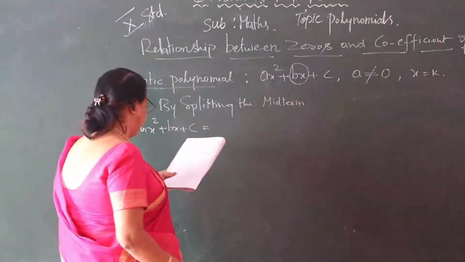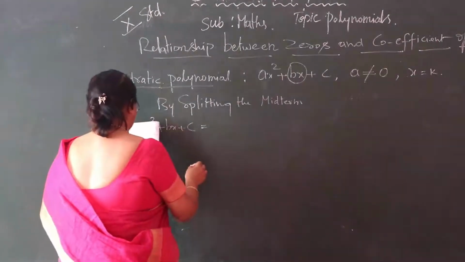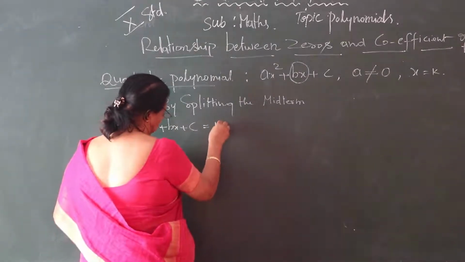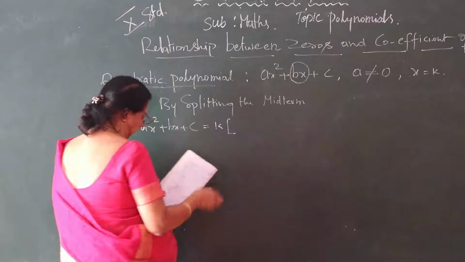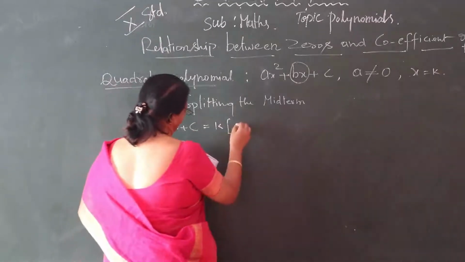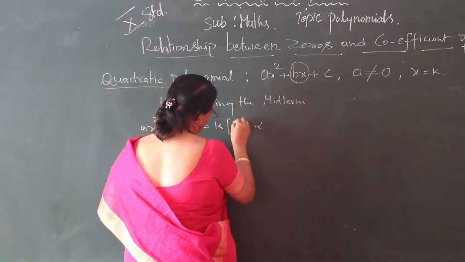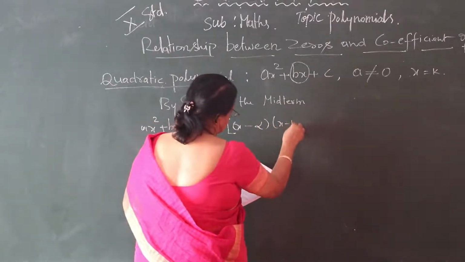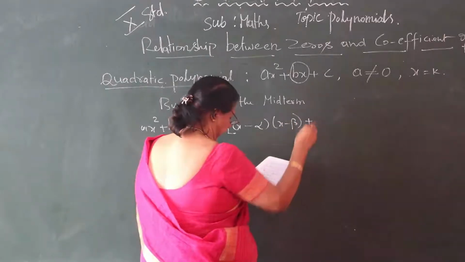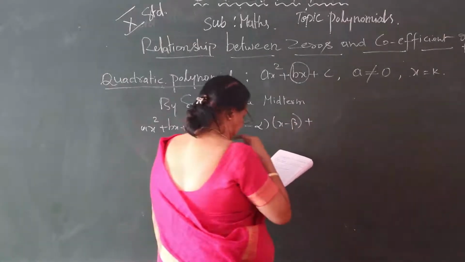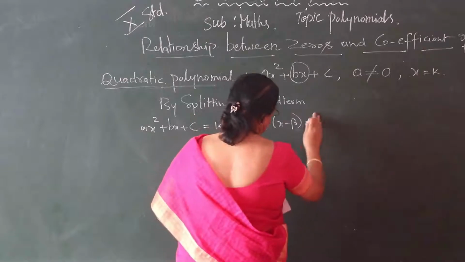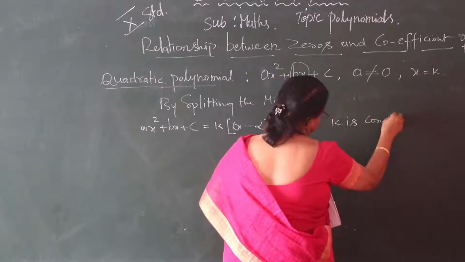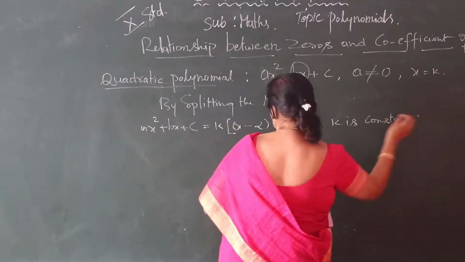So we pass on to ax square, the middle term you take bx, so k into x minus alpha and x minus beta, plus k, where k is a constant.